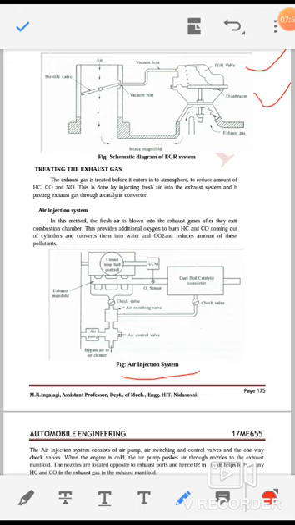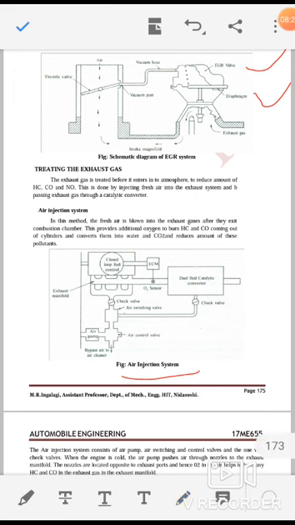When it reacts with the oxygen, combustion takes place again and it forms CO2, and HC will be converted into CO2 and H2O, or water vapor, which are harmless gases exhausted into the atmosphere. So those are not harmful to the atmosphere, and this can be done by using the air injection system.